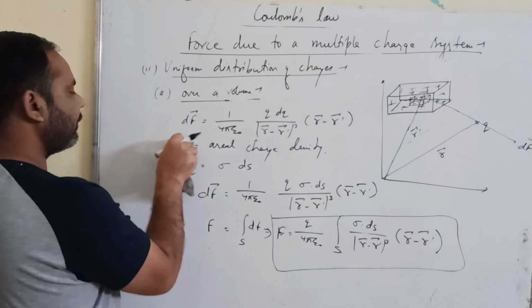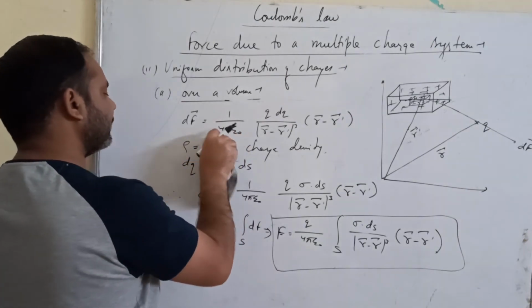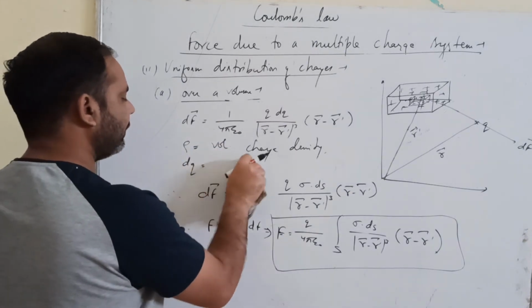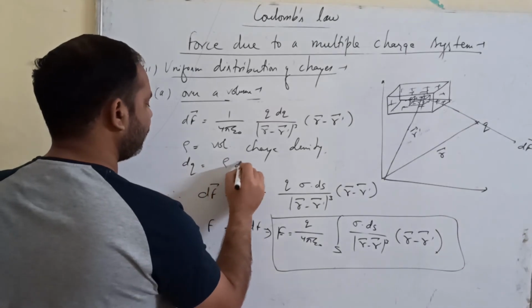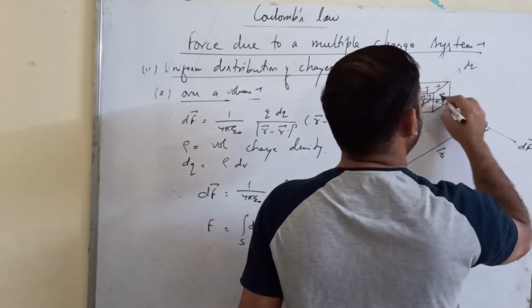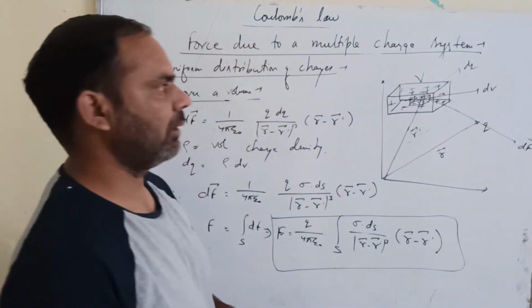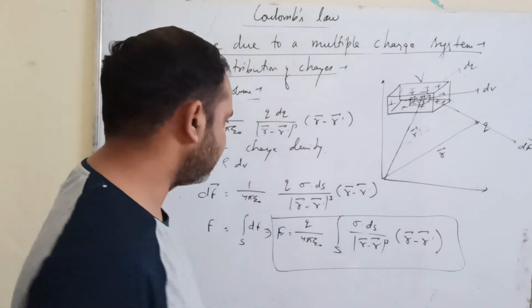Now here, if rho is the volume charge density, then dq will be equal to rho dv. Here the charge is dq and the volume is dv, and the volume of the given object is suppose v.